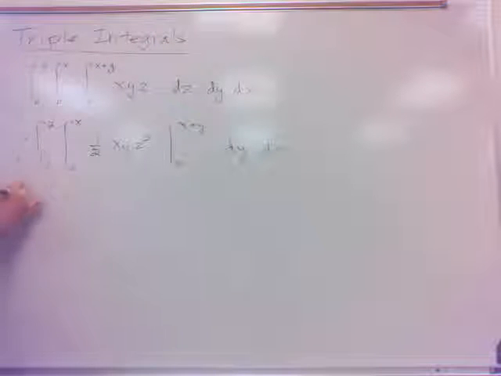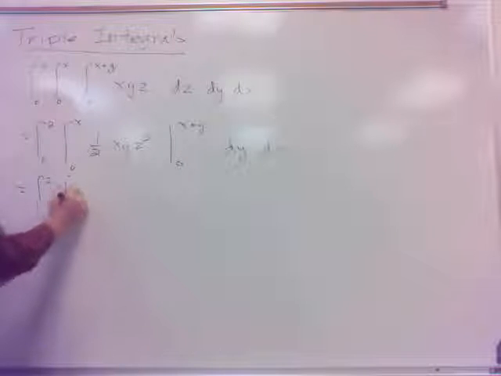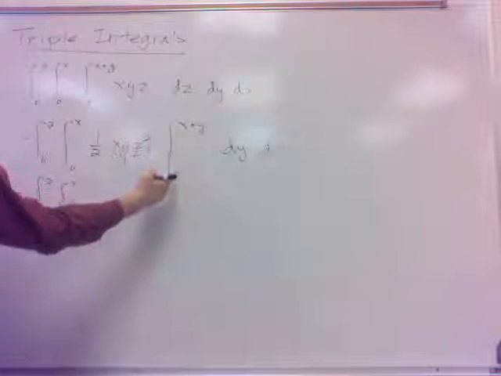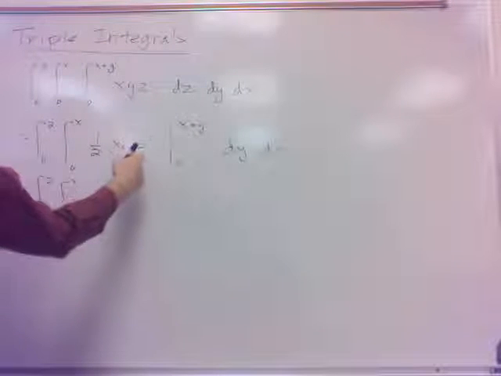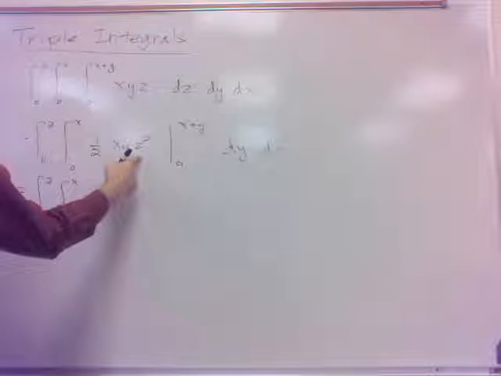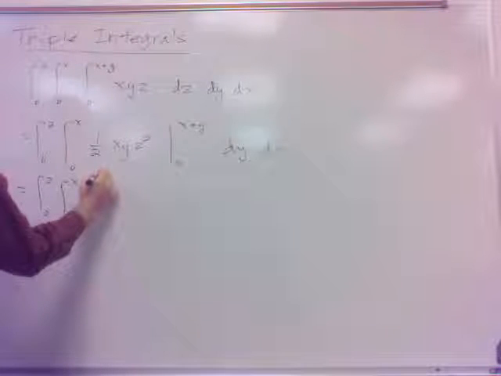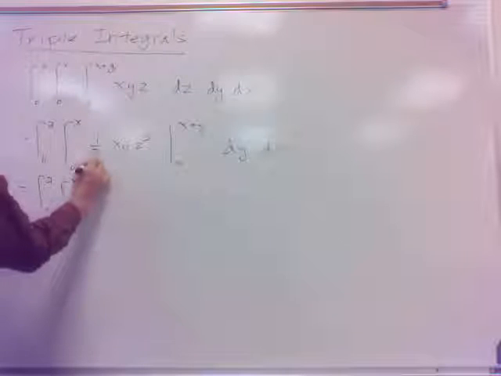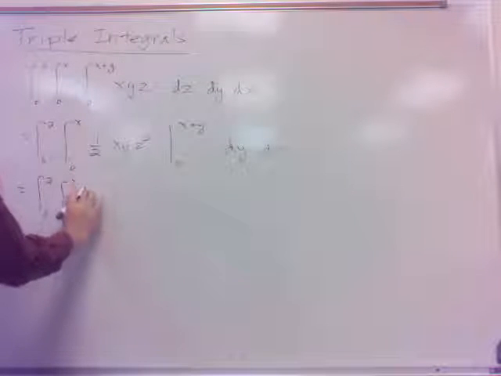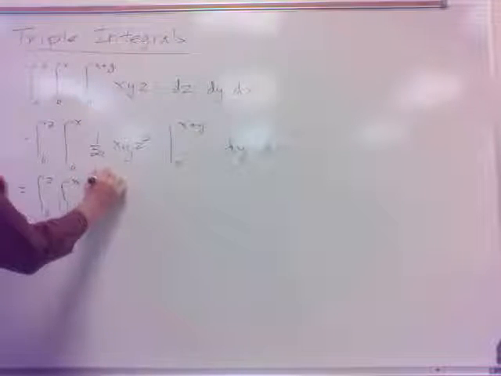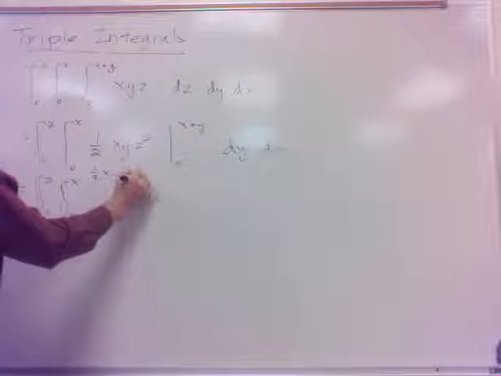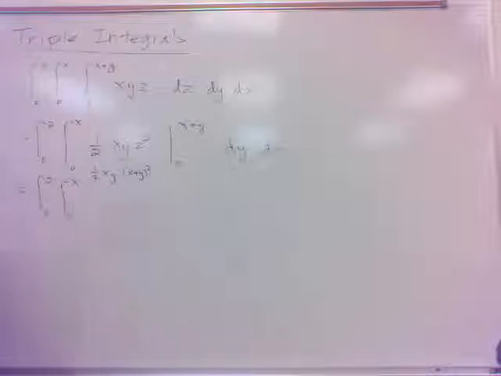And then we evaluate that for z, so that would be xy times x plus y squared. And then, of course, 0 for z would be 0.